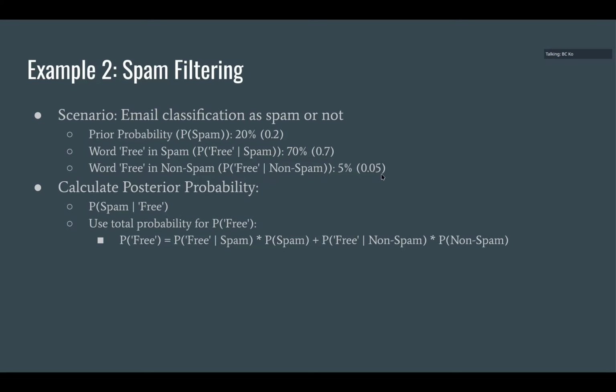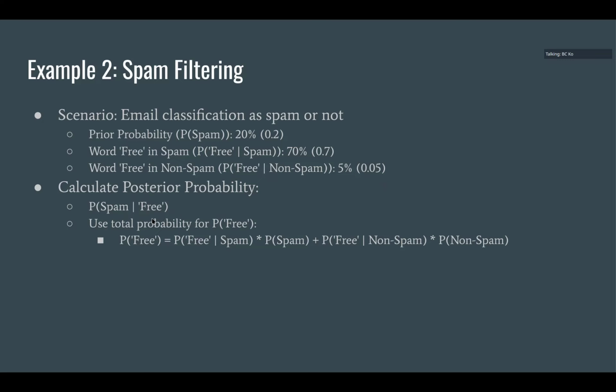And we want to calculate the posterior probability, or the probability that an email is spam given that it contains the word free, which is probability of spam given the word free.